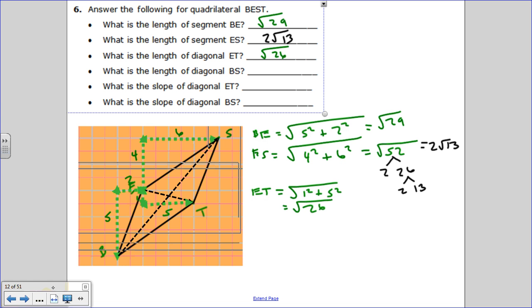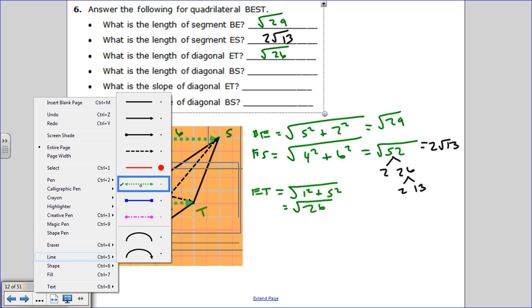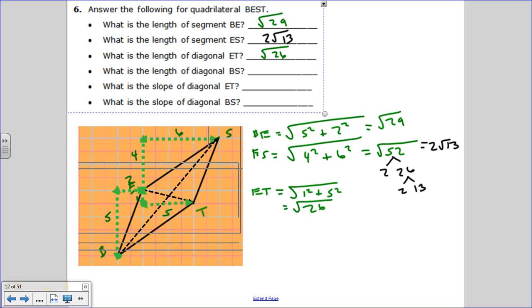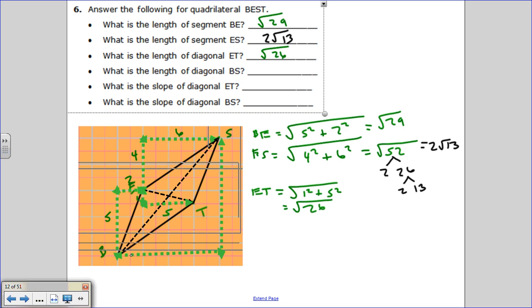Now for diagonal BS, to go from B to S, you go over 1, 2, 3, 4, 5, 6, 7, 8, and up 1, 2, 3, 4, 5, 6, 7, 8, 9.